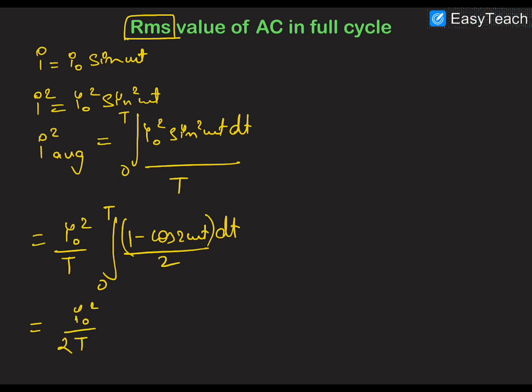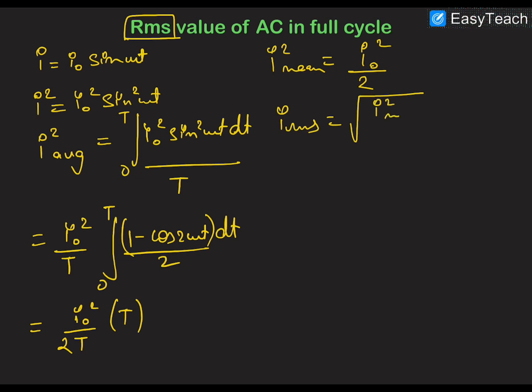And this would be I naught square by 2T. And we know that the integration of cos 2 omega t from 0 to T, full cycle, will be 0. And therefore, the integration of 1 will be T, and instead of T we would apply the limit. So the mean value or average value of I square will be I naught square by 2, and if we find out the RMS value, it would be the root of I square mean.